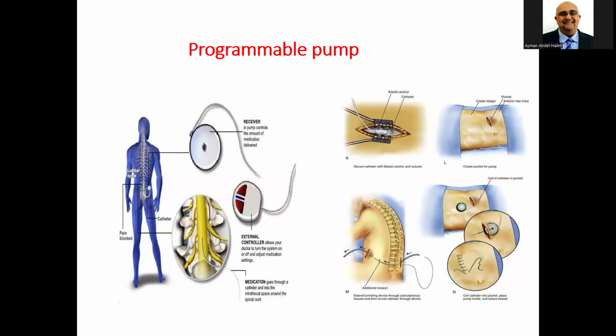The access port is a port on the side. We use it only in emergency to make sure that the catheter is patent. And we use this Huber needle to access this pump.